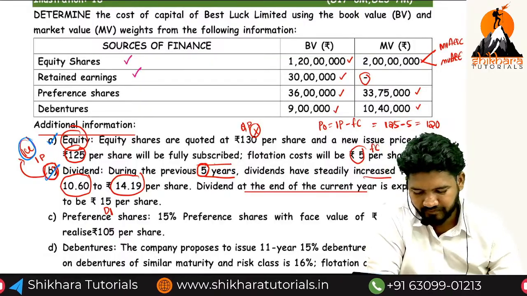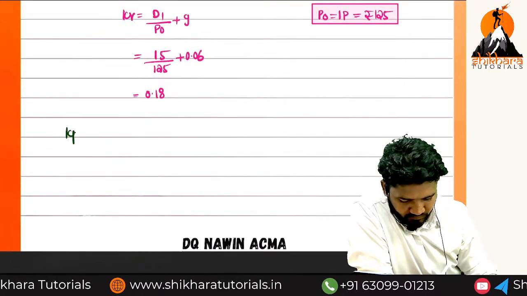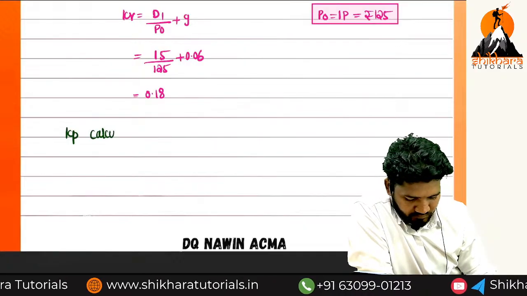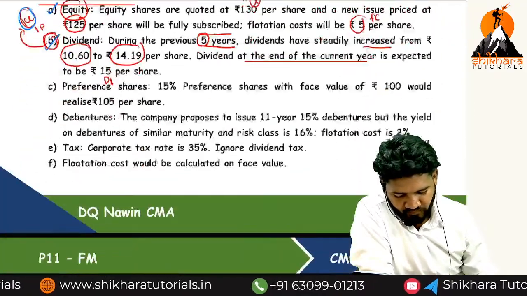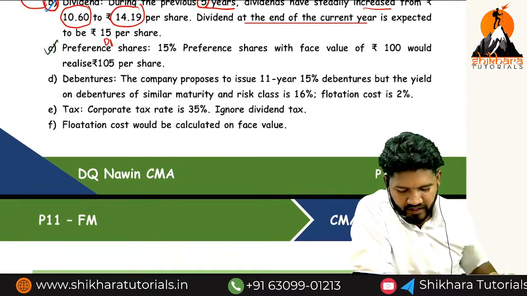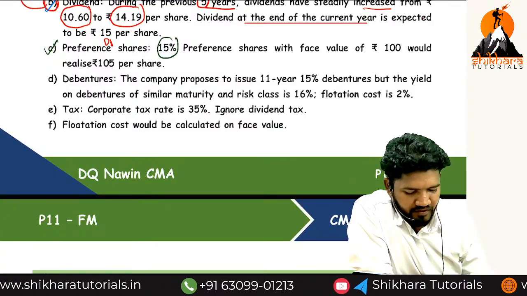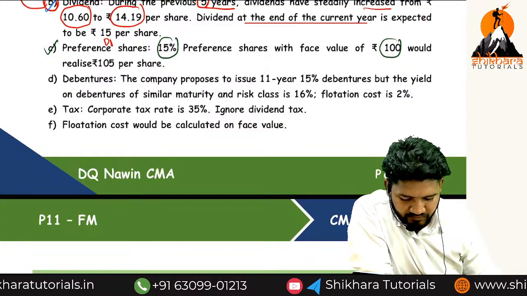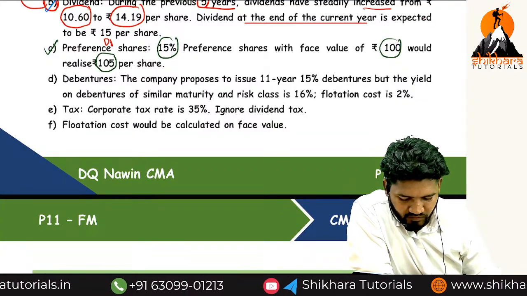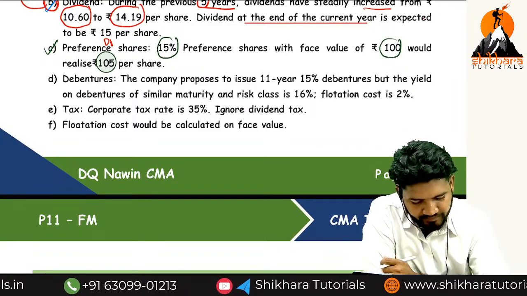KP. C is related to KP. 15% preference shares with a face value of 100 would realize 105 per share.